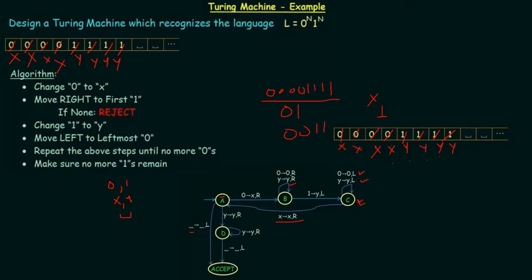After reaching the A state, I am moving to the right again, y, y, y, in this direction. Reached here, I am in D state currently. Now if there is a blank symbol on the tape, I'll just accept it. So that is the total thing solved.